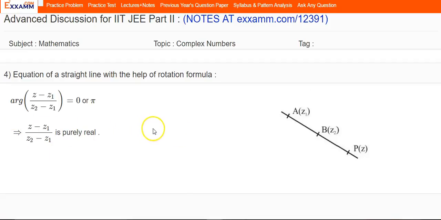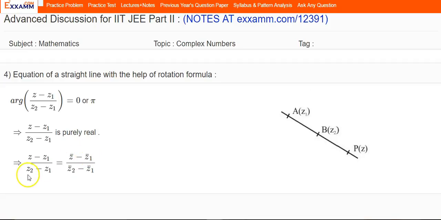Since it is purely real, its conjugate is alpha minus i beta, and if it is equal to its conjugate, what would it mean? Beta is equal to 0, that is, this complex number is purely real. Just recalling the fact we have already told: whenever a complex number is purely real, it is equal to its conjugate.